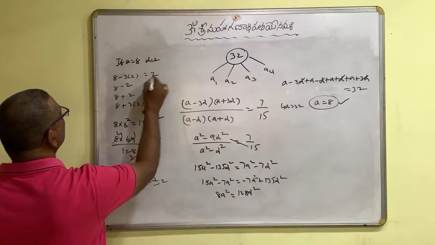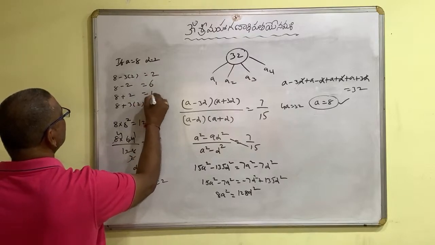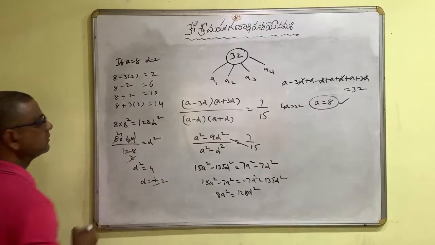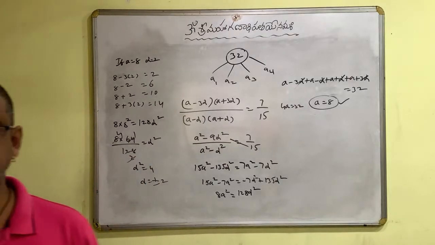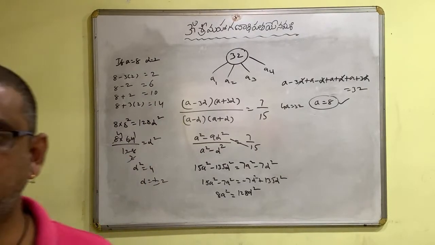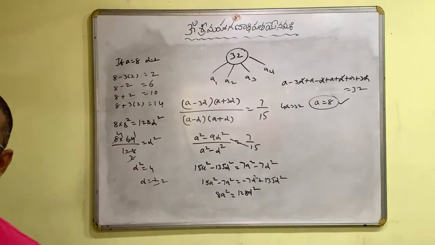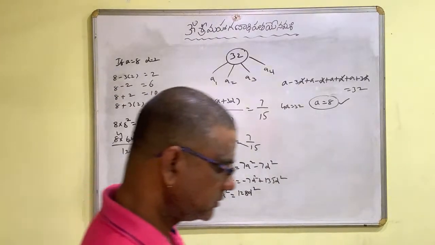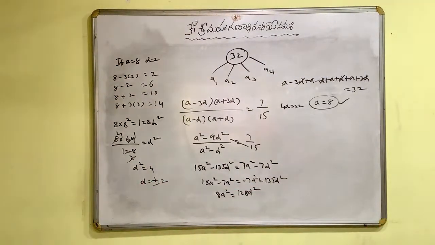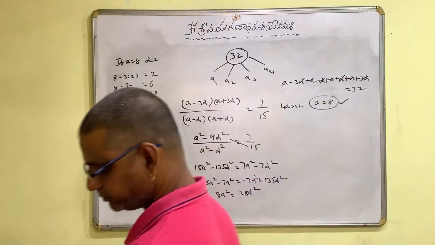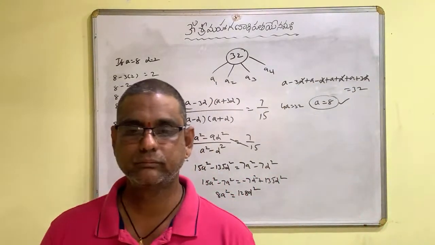That is 2, 6, 10, 14. They are the four numbers. Okay.